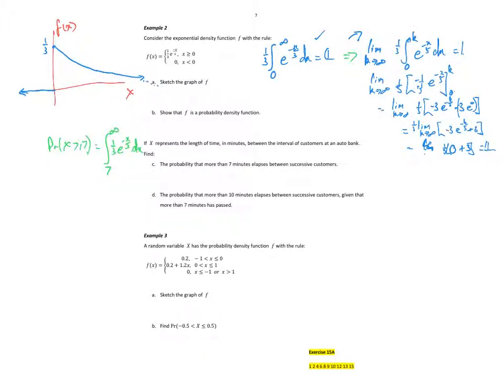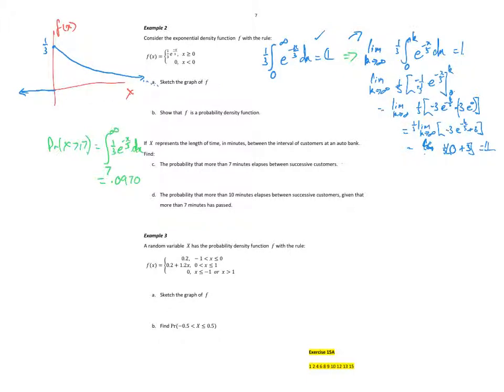So on our CAS, we can see that that's equal to 0.09697, so 0.0970, okay?